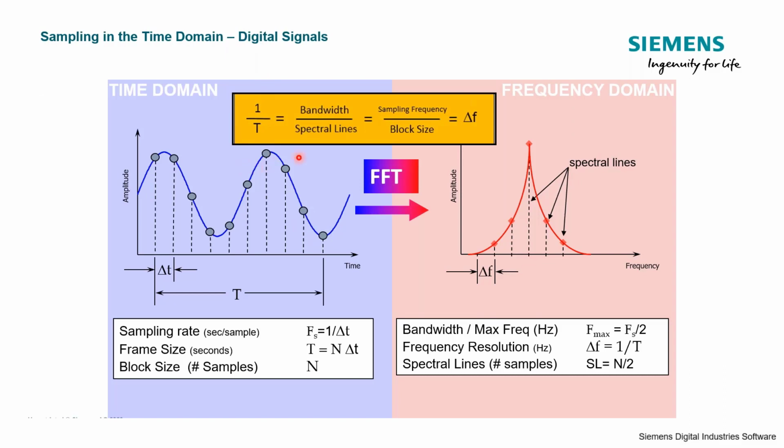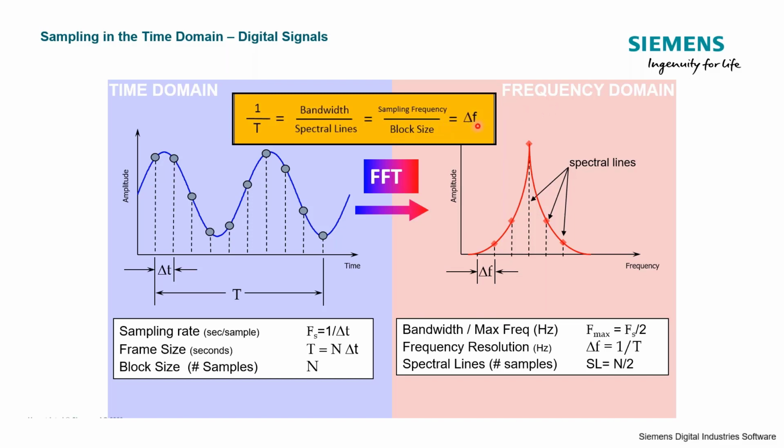I really like this slide in particular because hopefully it conveys the relationship between all of these parameters we've been talking about: the bandwidth, the spectral lines, the sampling frequency and the block size. One key point: this frame size, remember, is the amount of time we need for one FFT.